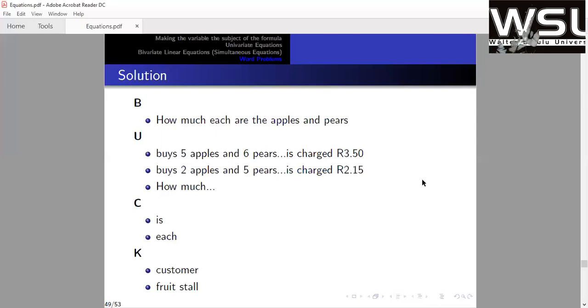Another important piece of information, which is also part of the question, is how much. The question doesn't ask how many, it asks how much, meaning it requires money.